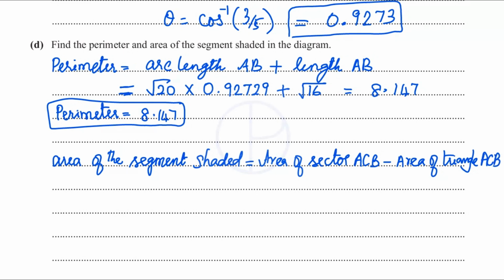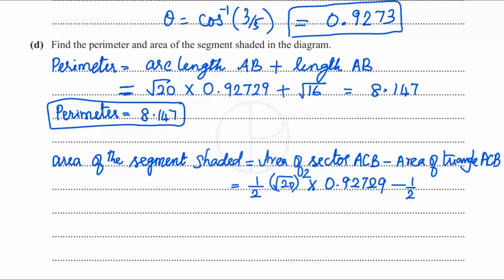So what is the area of the sector ACB? 1 over 2 r squared, so (square root of 20) squared multiplied by the angle 0.92729, minus the area of the triangle.